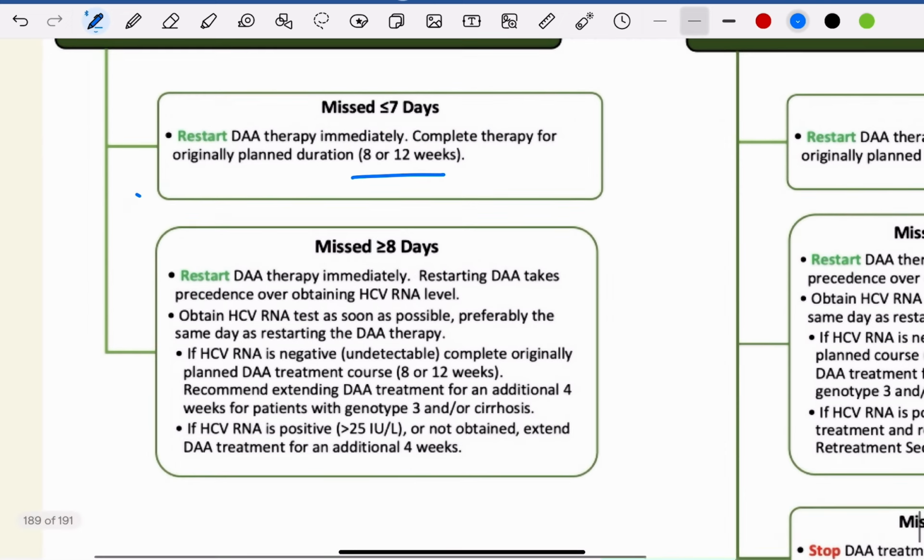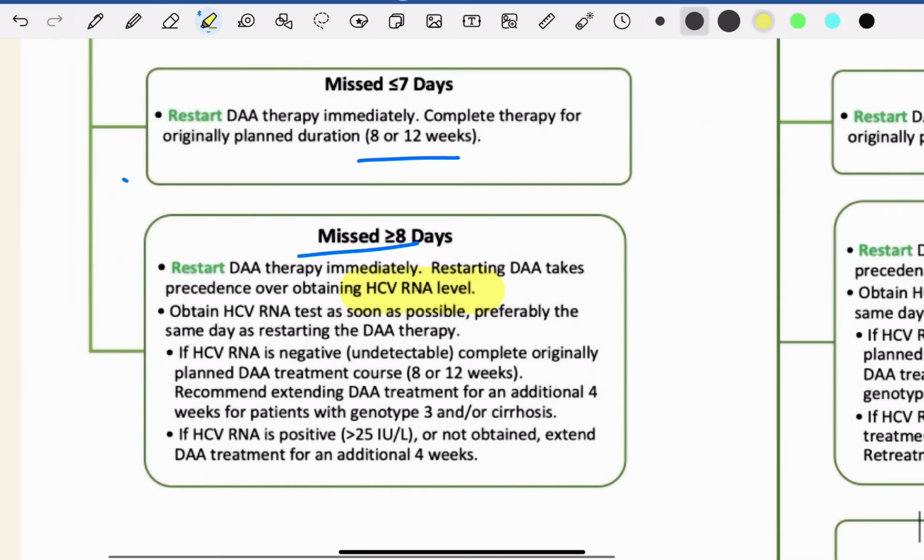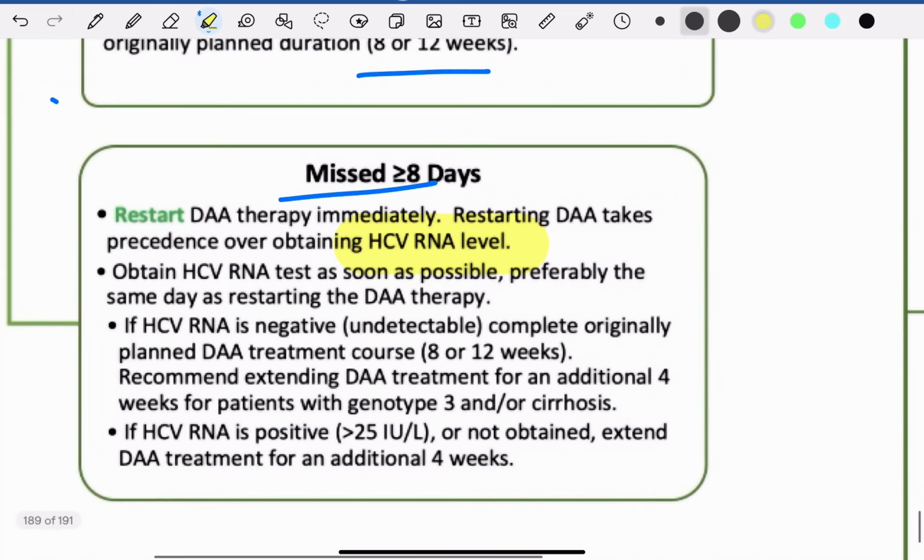What if the patient has missed tablets for more than 8 days, like 10, 12 or 15 days? Again you have to restart the DAA, but here there is one additional step: you have to check HCV RNA levels. After obtaining the HCV RNA level, you will know whether it is positive or negative.